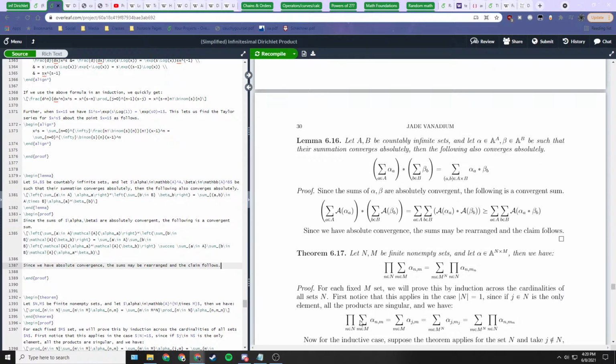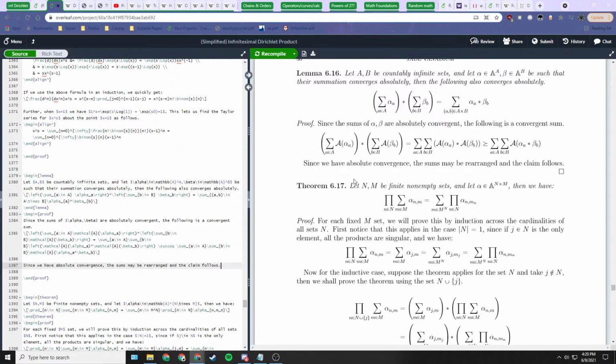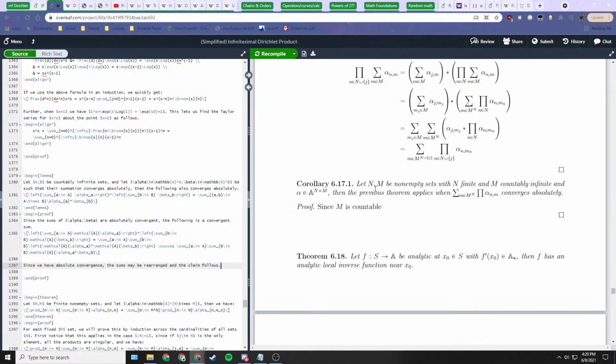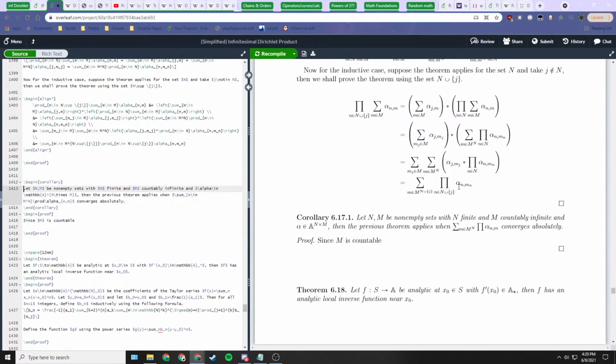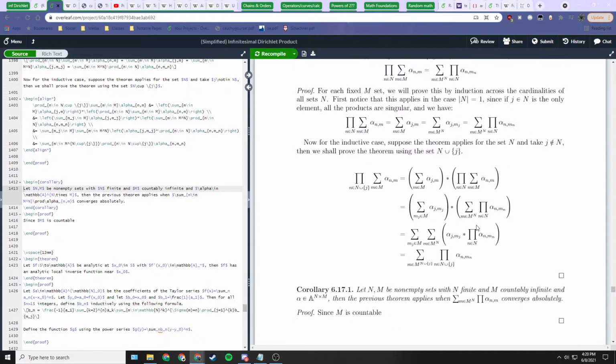This is fine. Using this, we can rewrite this theorem to actually merge this corollary. Okay, so we'll say non-empty sets with n finite and m countably infinite, and alpha in this.